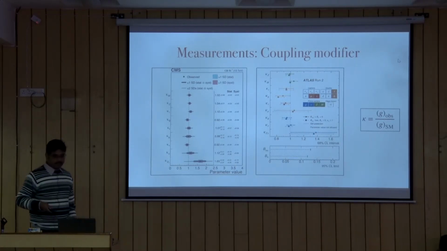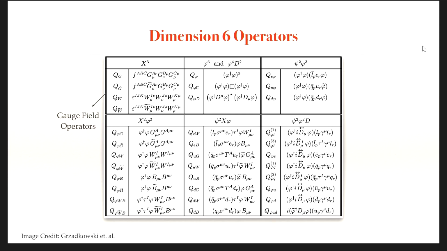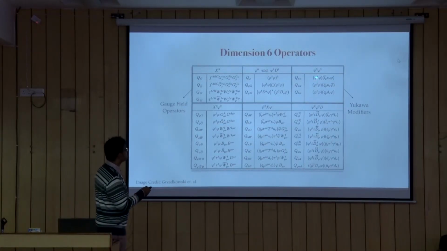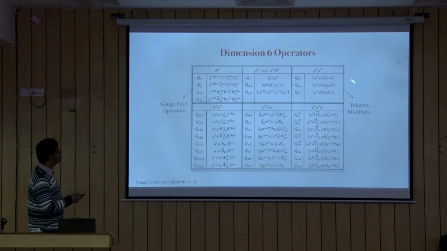Okay, so let's proceed. Let me come to these dimension 6 operators. You have gauge field operators. You have the Yukawa modifiers, which come from terms like psi squared phi cubed.